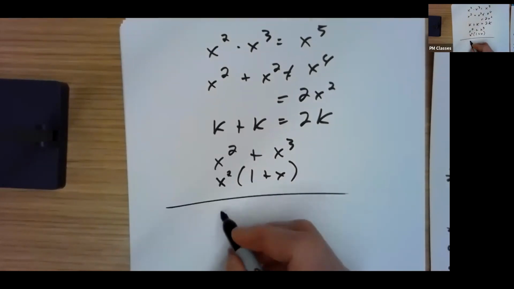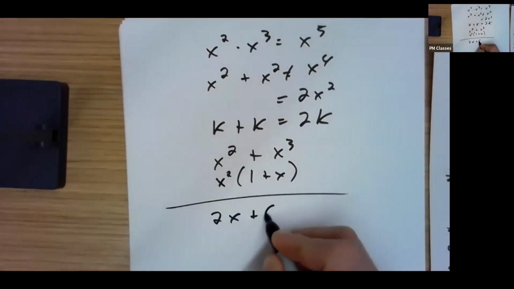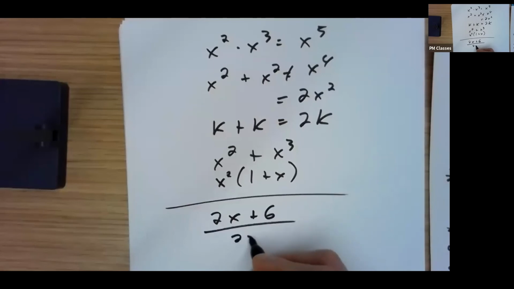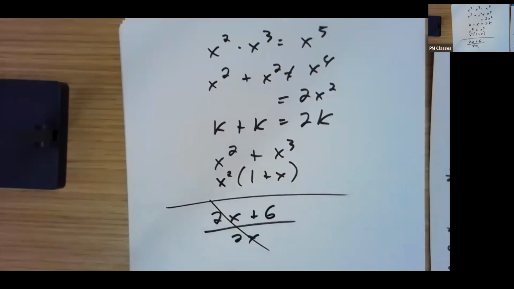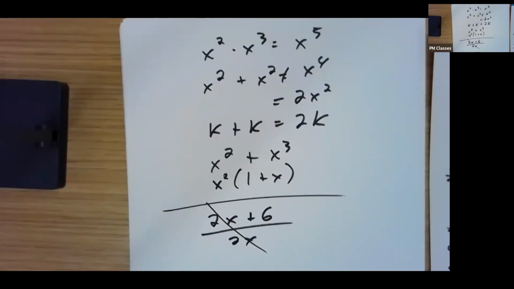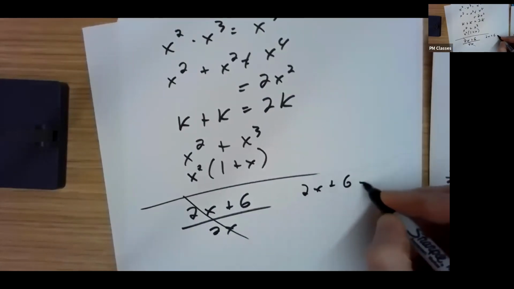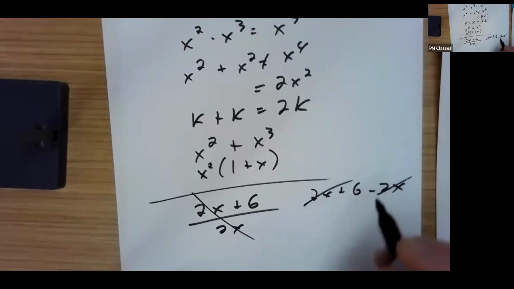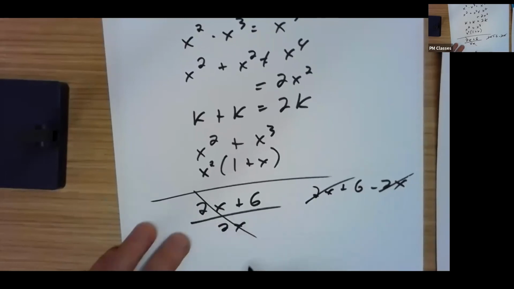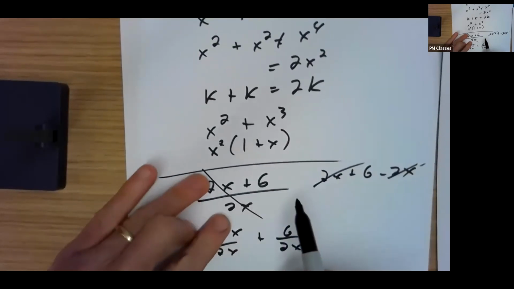More typical things, people might get something like (2x plus 6) over 2x. Sometimes people have a tendency to want to simplify those. You can't do that, sadly. If it were 2x plus 6 times 2x, those guys could cancel out, but we can't do this because what we really have is 2x over 2x plus 6 over 2x, so I can't just cross out one part.